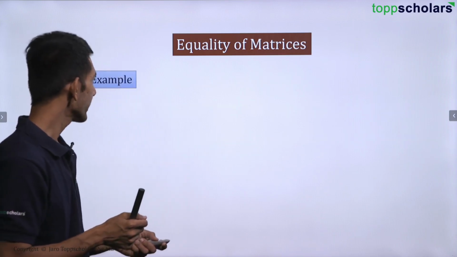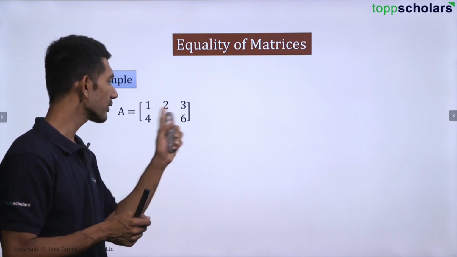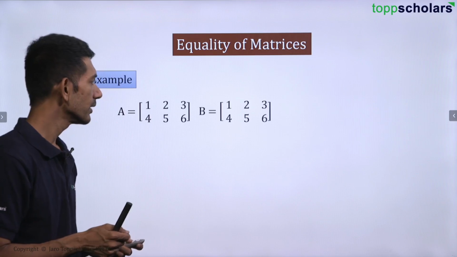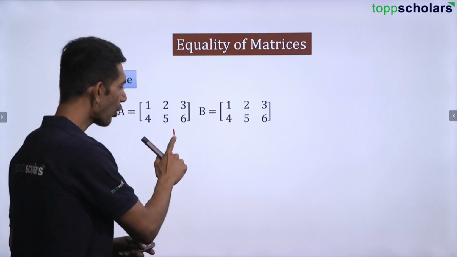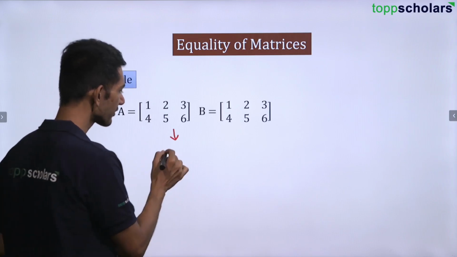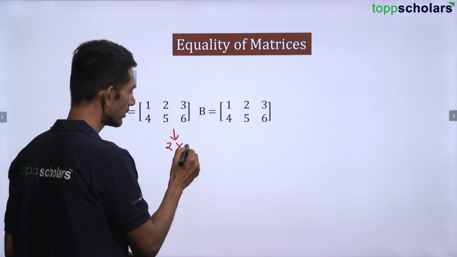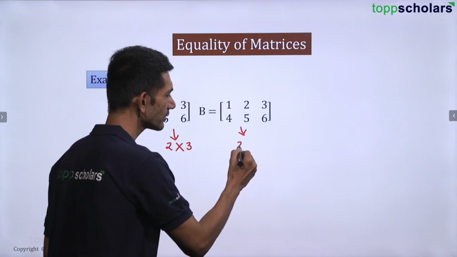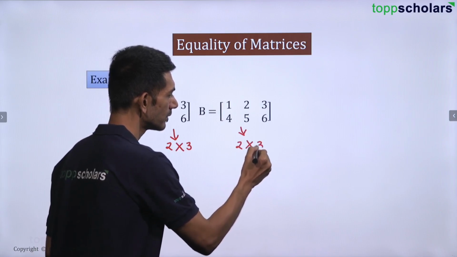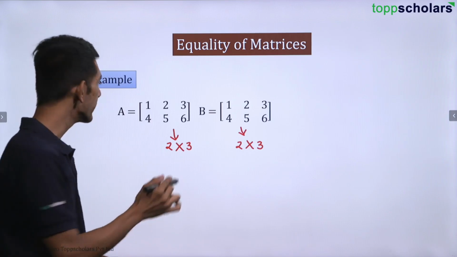So let us see an example. Here we have A as 1, 2, 3, 4, 5, 6. There are 2 rows, 3 columns. Here we have B, 1, 2, 3, 4, 5, 6. Can I say the order of the first matrix is what? 2 rows, 3 columns. What is the order of the second matrix? 2 rows, 3 columns. Okay, order is same, yes, but what about the corresponding elements?